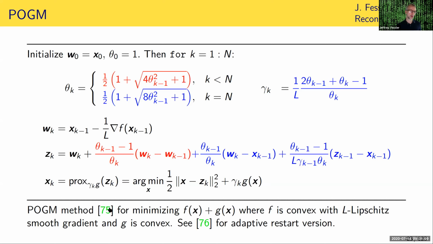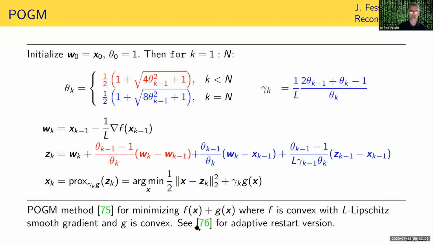Adrian Taylor, who came up with this method, I think uses what's called computer-assisted proof to find this. You can read his paper to learn more about that. He has nice software tools for helping develop algorithms in that way. So you can see it's a very small change to the code. It does require maybe storing 1 or 2 extra copies of variables, but that's not a big deal memory-wise.